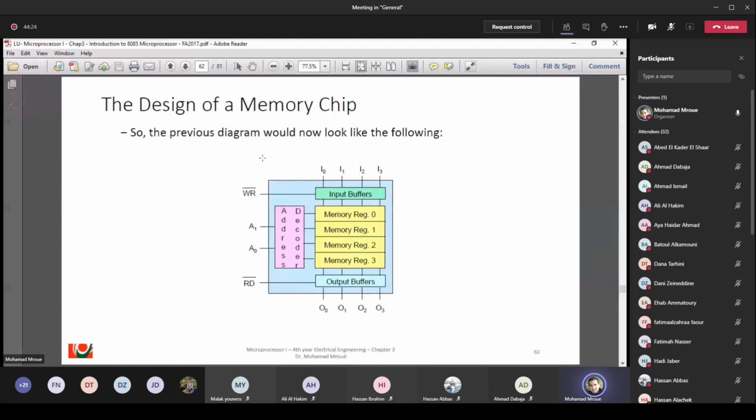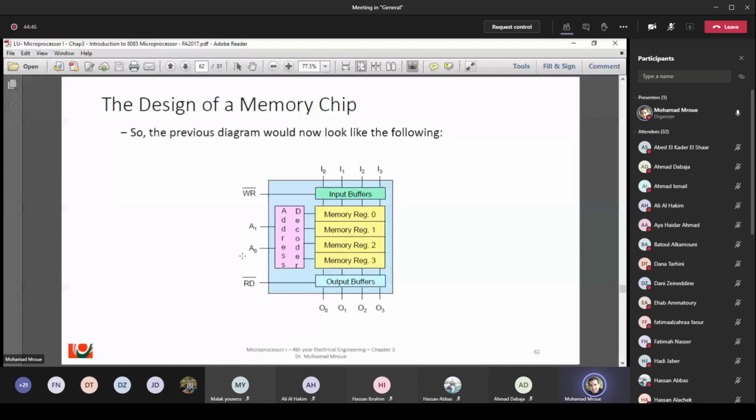So the previous diagram would now look like the following. For example, if A0 equals A1 equals 0, only the first memory register is enabled. If you have 1, 0, only the second memory register is enabled. If you have 1, 1, the third memory register is enabled. Only the third one.